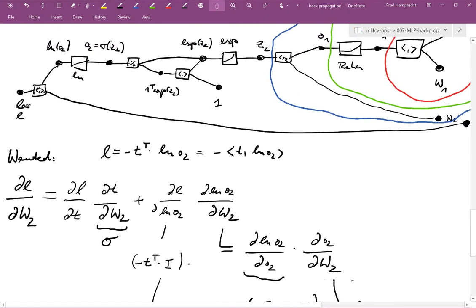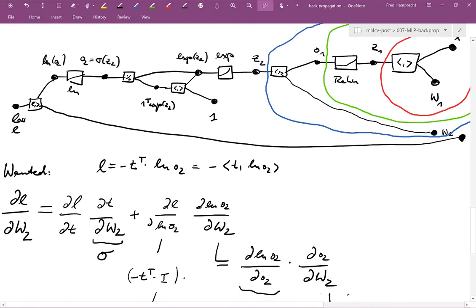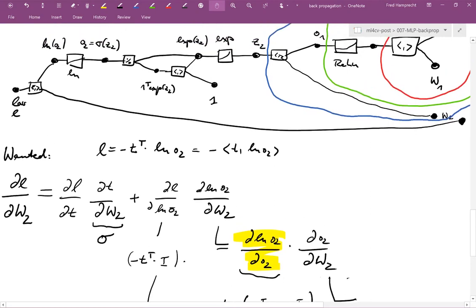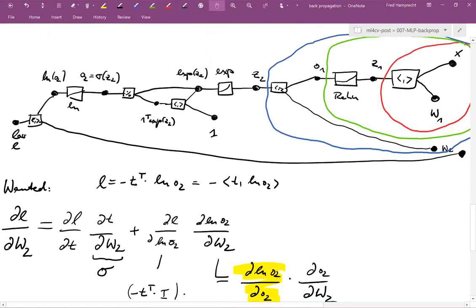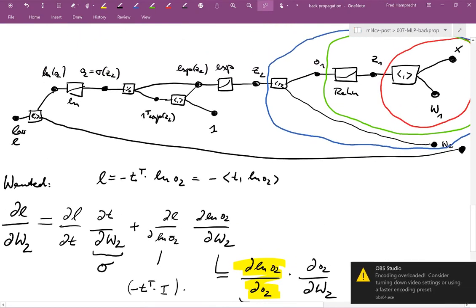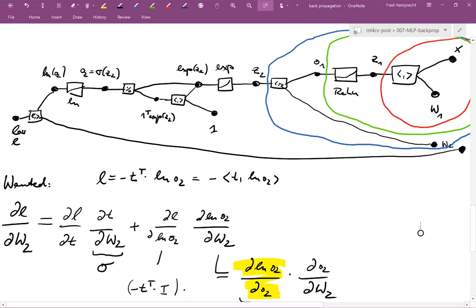And an important realization is that, for example, this term here, I need it both when I differentiate with respect to W2, but also when I take the derivative with respect to W1.